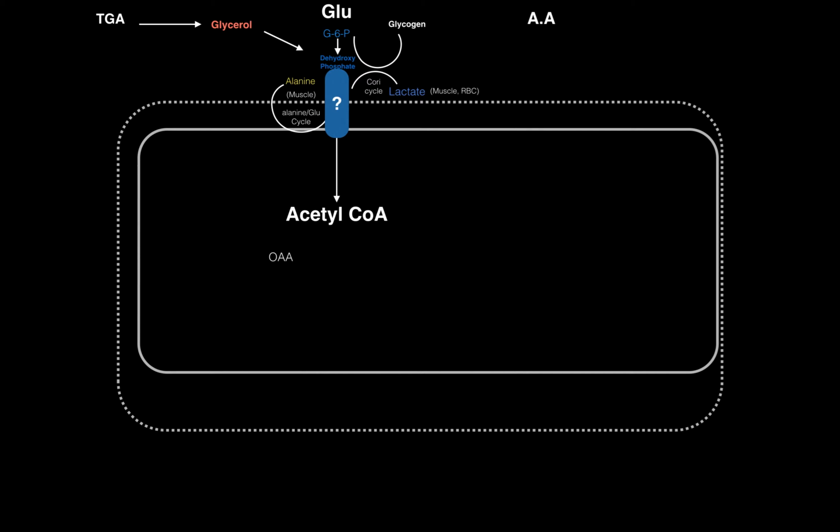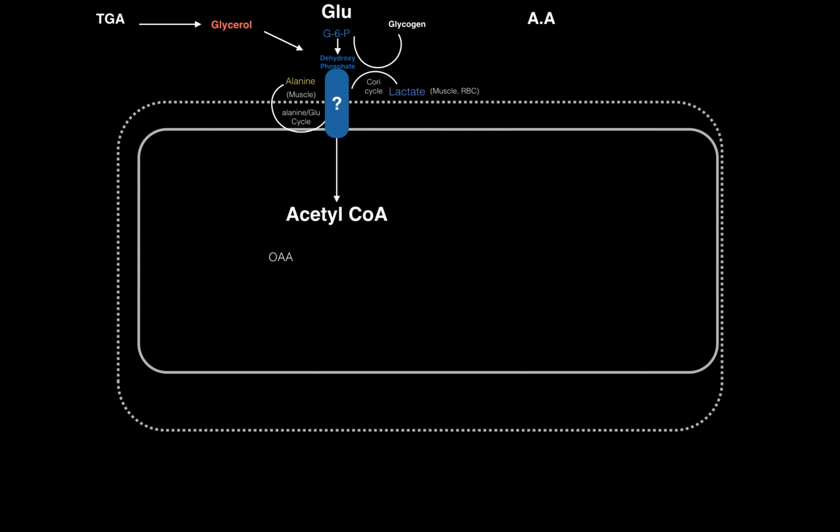Okay. So once we convert pyruvate in the mitochondrial matrix into acetyl-CoA through the pyruvate carboxylase enzyme, acetyl-CoA is a 2-carbon molecule. Pyruvate is a 3-carbon molecule. So why do we need pyruvate carboxylase?